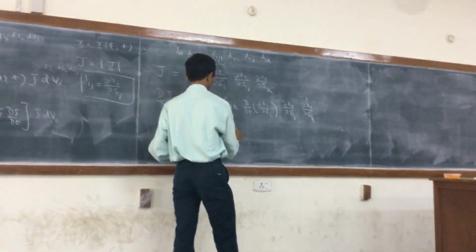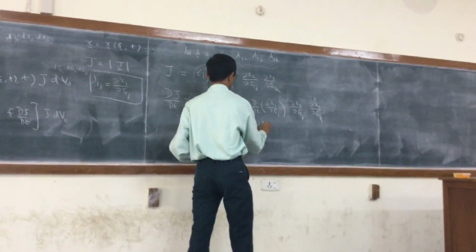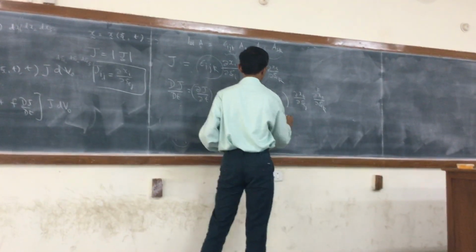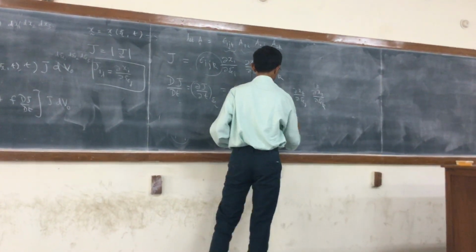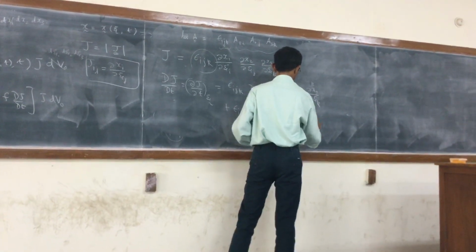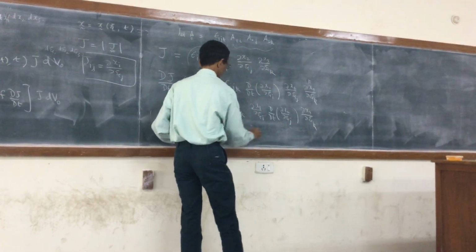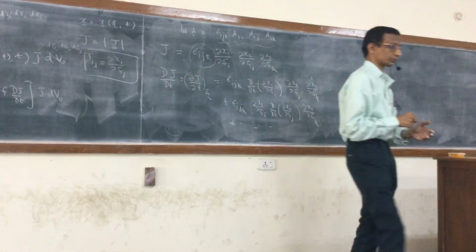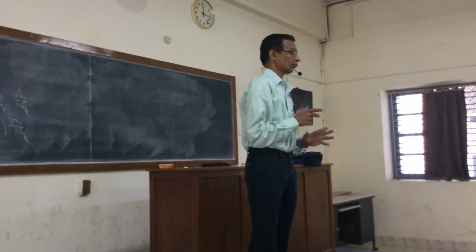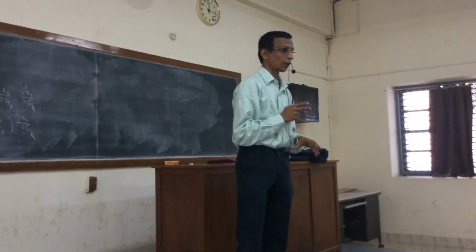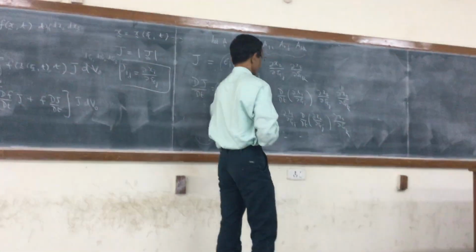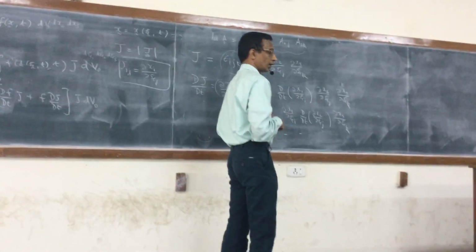Plus, again epsilon ijk, so this would be dx1 by d psi I, d by dt of. Plus, I'm going to get you right the third term. Very easy, right? So I'm going to just take one term and see what to do with it and obtain an important result, an expression for the derivative dj by dt, and sort of infer what you will get from the other two terms.